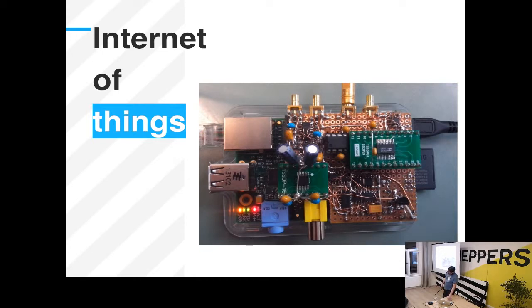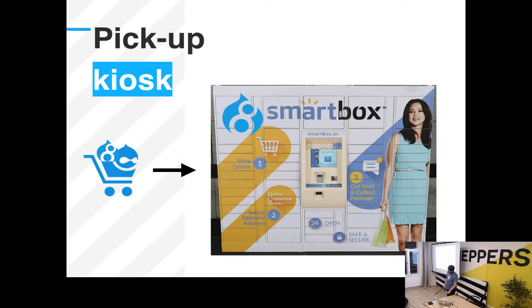For my use case, I picked a pickup kiosk. So you order something on a real e-commerce website on your mobile phone or on your desktop, and then you come to the shop or to this kiosk. You type some authentication number, for example, the number of your order and your PIN code, and you will get what you ordered.